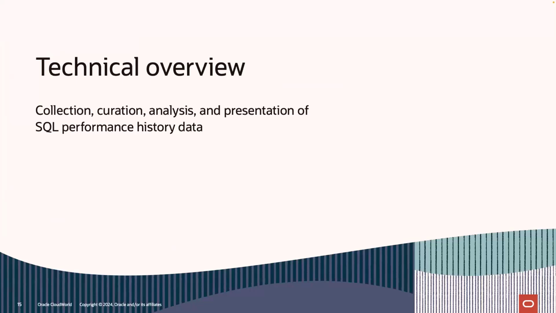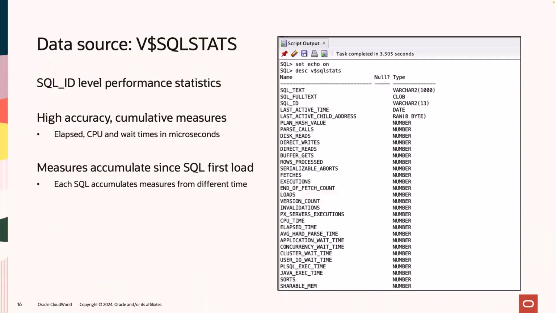So let's just get a little bit into the technical stuff. We collect, curate, analyze, and present SQL performance history data. In terms of the data source, it's $SQL stats.